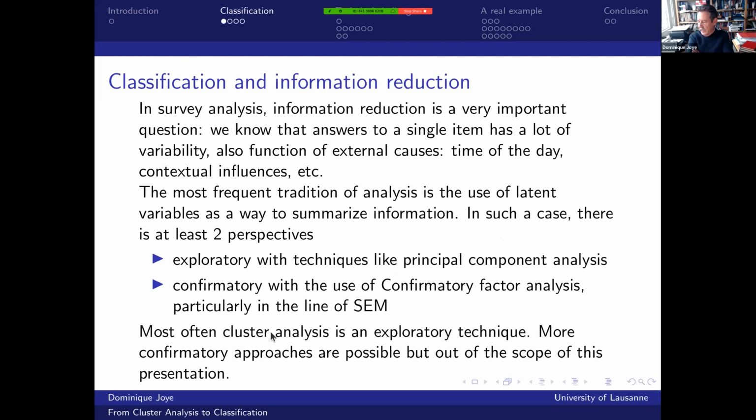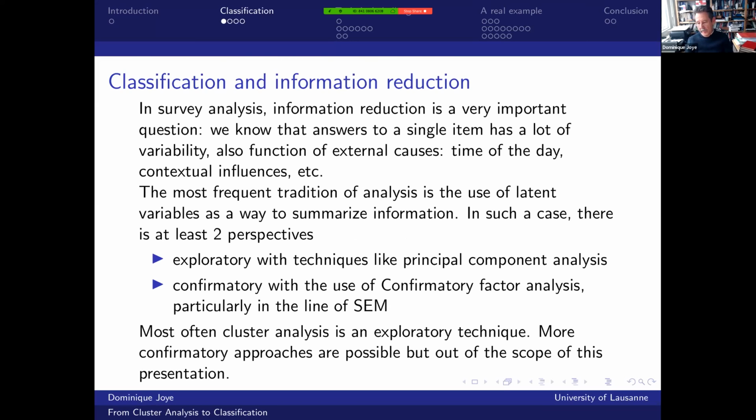As the general context of cluster analysis, that's the idea to reduce information. Everybody knows that we have a lot of variables in our survey, and that a good measure is very often obtained by a combination of different measures. So we must find some ways to combine this information.